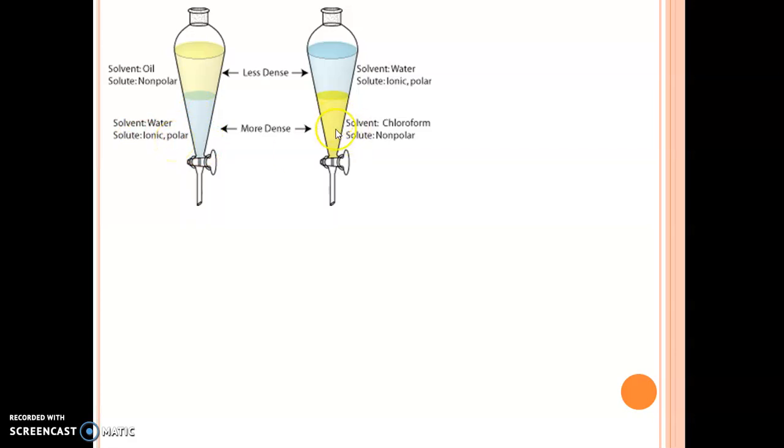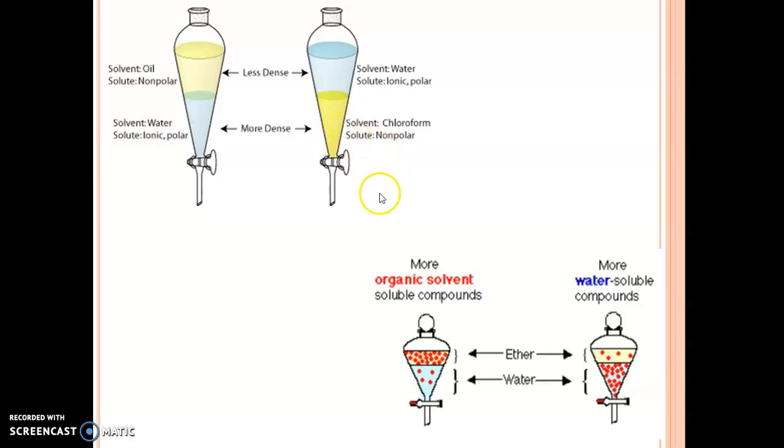And the yellow part means if the solvent is chloroform, then the solute is non-polar. So organic solvents are used in which organic compounds are soluble, and if we use water, then water-soluble compounds are separated out.